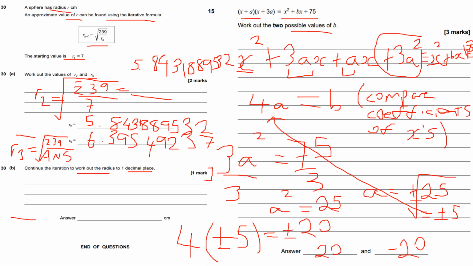You're going to get 6.11. So I'm guessing the answer here is going to be around 6.1. That is my rough guess if you work it out several steps later.